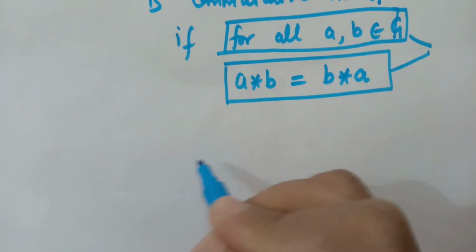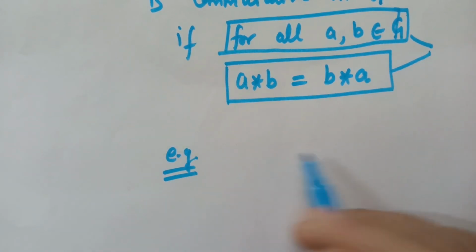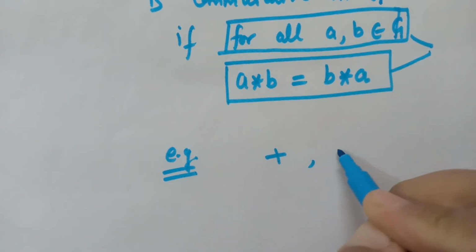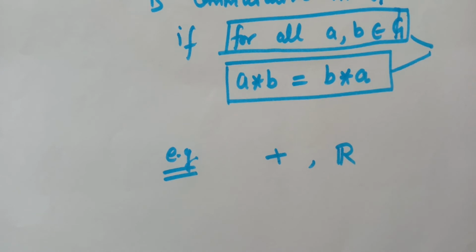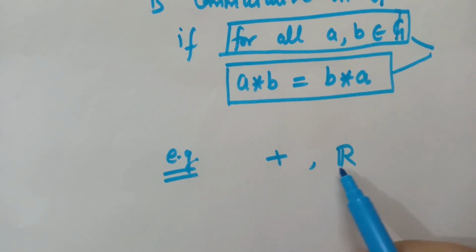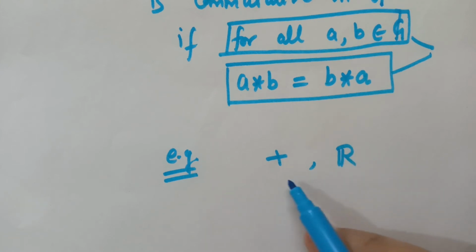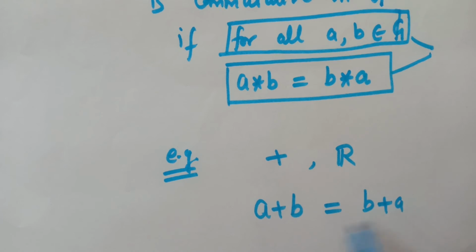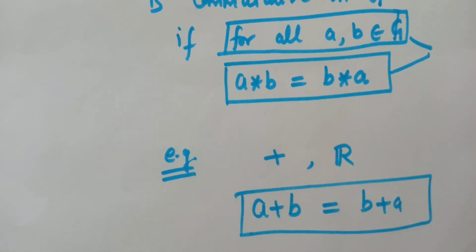For example, we all know addition is commutative on the set of real numbers, set of integers, set of rational numbers, set of complex numbers, set of natural numbers, because if we add any two real numbers in either of these two forms, either A plus B or B plus A, the answer will always be equal. So that means addition is commutative on R.